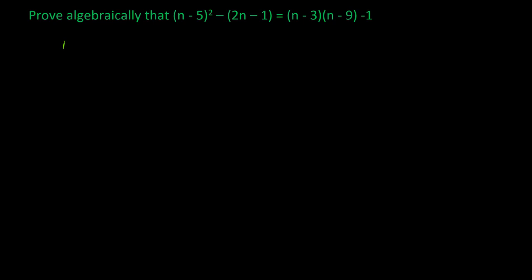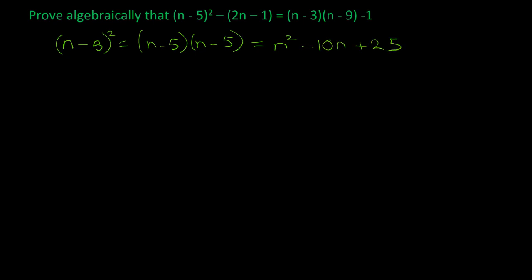So we've got n minus 5 squared, which means n minus 5 times n minus 5. So if we expand that, we're going to get n squared minus 10n plus 25.